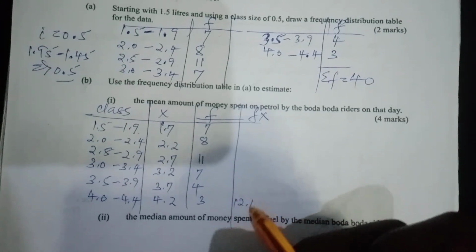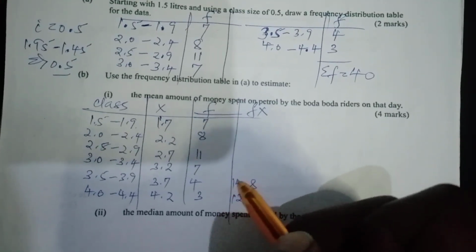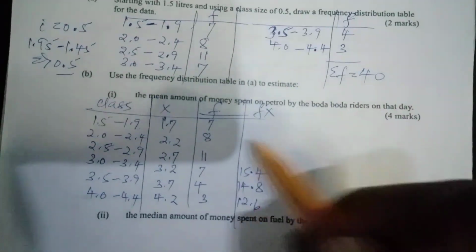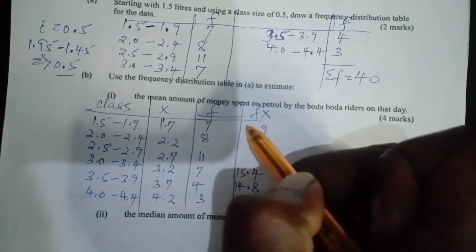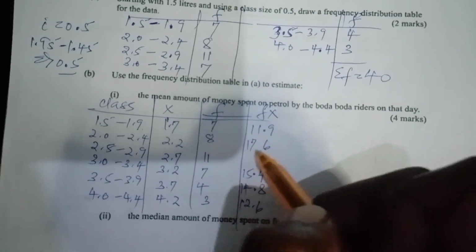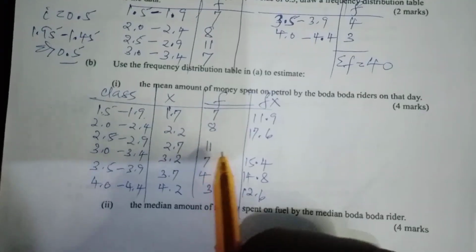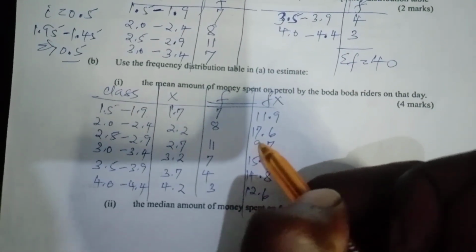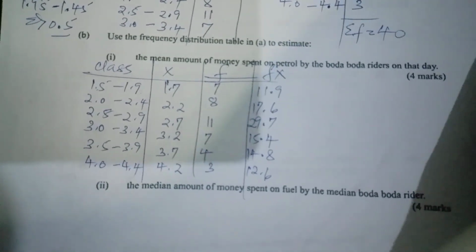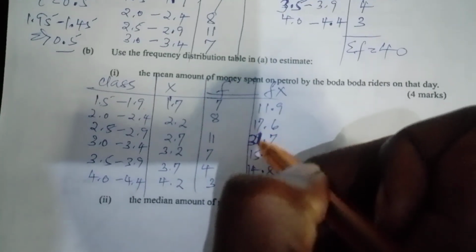This one will get 11.9, this one 17.6, this one 29.7, this one 22.4, this one 14.8, and this one 12.6.